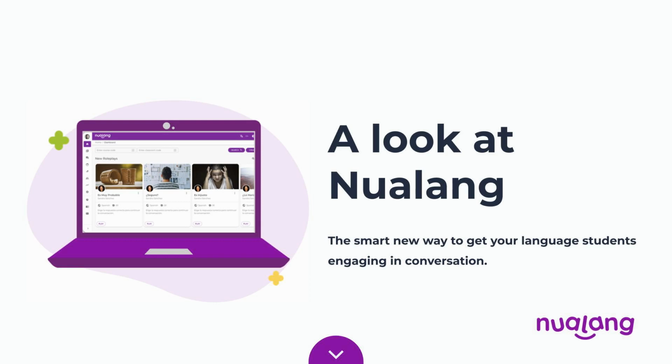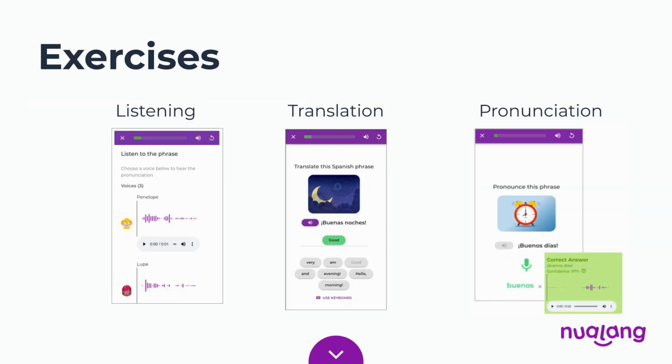Today, I'll be sharing a few aspects of Nualang that I find very useful for teaching. With Nualang, you can create your own custom material. You can offer students engaging conversation practice and easily assign exercises. There's a lot more to see, but in this short webinar, I'm going to show you the exercises and role plays. There are 3 exercises that are automatically generated based on your word or phrases list.